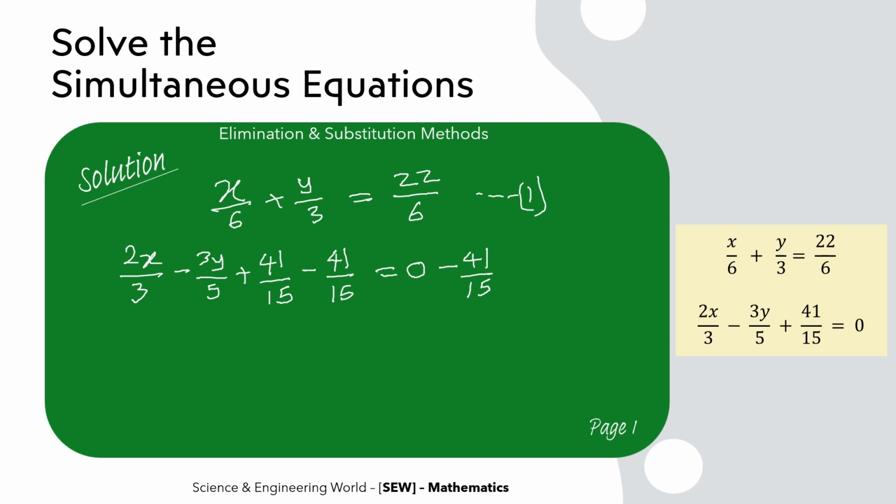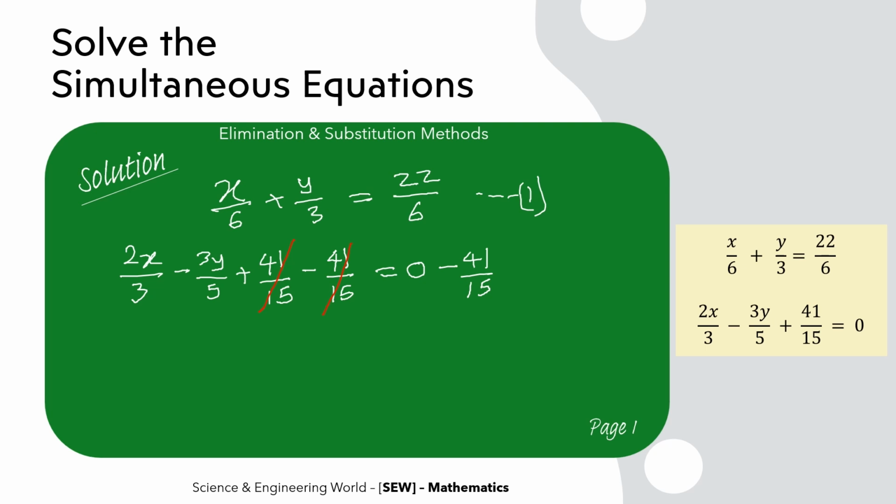Then now with this taking away 41 over 15, we have 41 over 15 minus 41 over 15 will be equal to 0 on the left hand side, and then 0 minus 41 over 15 will remain as minus 41 over 15.